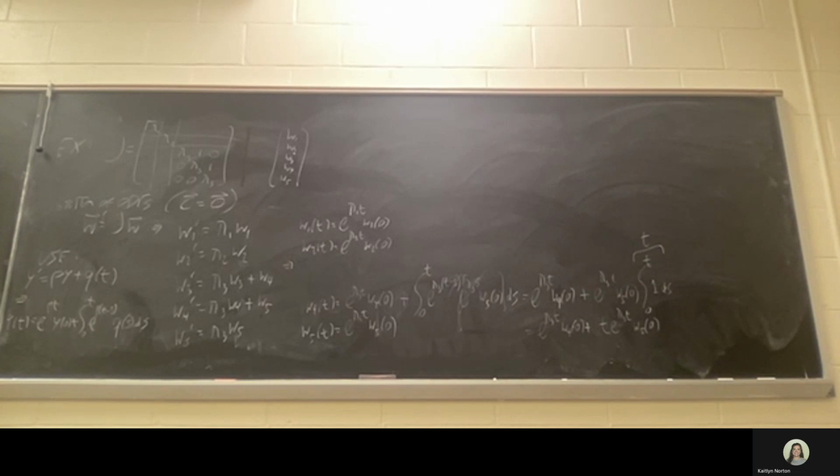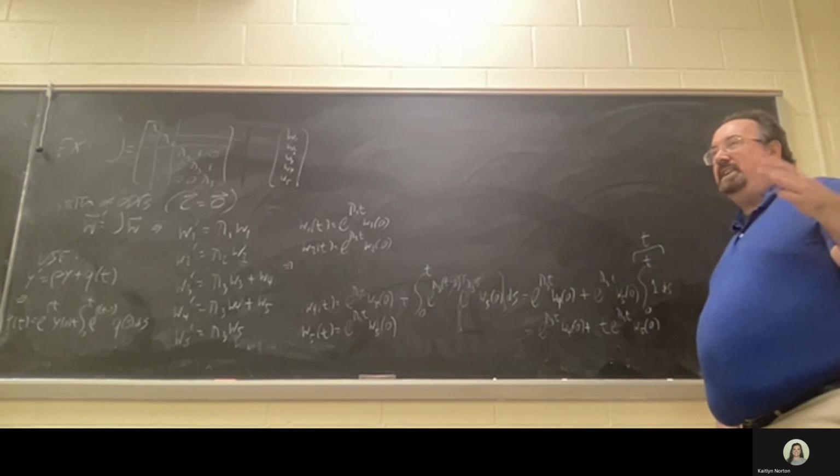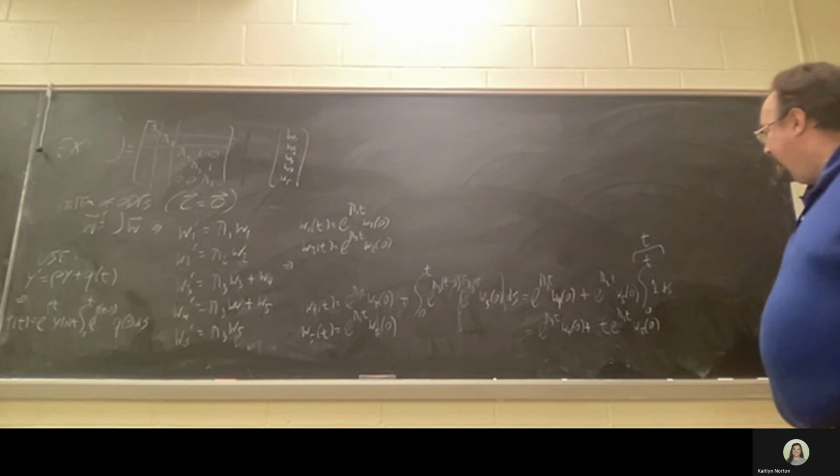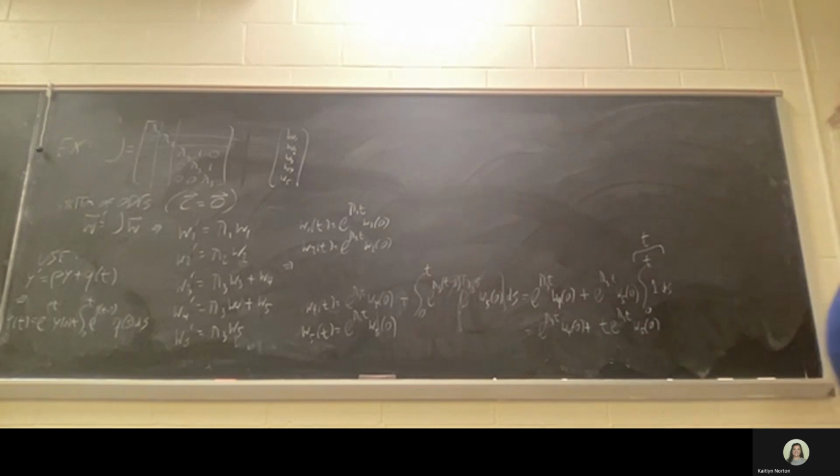So this is what happens when these equations get coupled together a little bit, because before, in the diagonalizable case from last class, each w is just an exponential, e to the lambda t times the initial value. But now we have a t e to the lambda t. So that's what changes in this case.